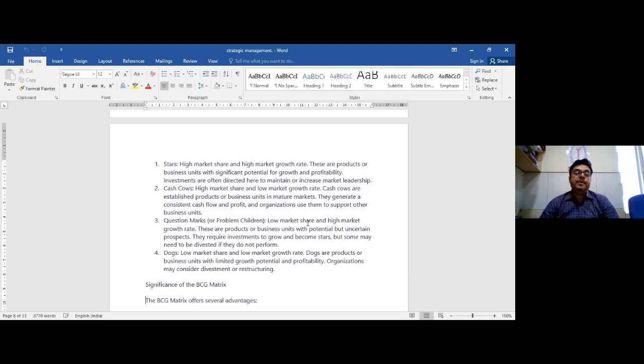And the star category would be something where high growth rate, high market share is witnessed. And products here would show significant potential for growth, followed by the other 3 which we already have discussed, and based on it we can analyze how cash cows, question marks, or dog category portfolios ultimately can operate.